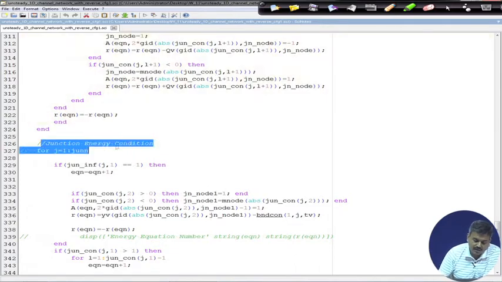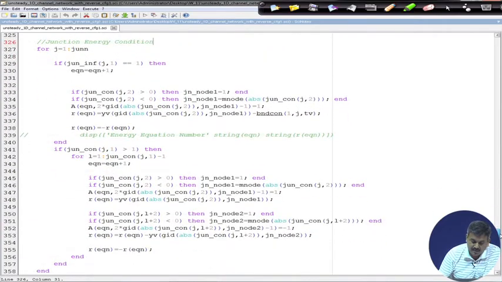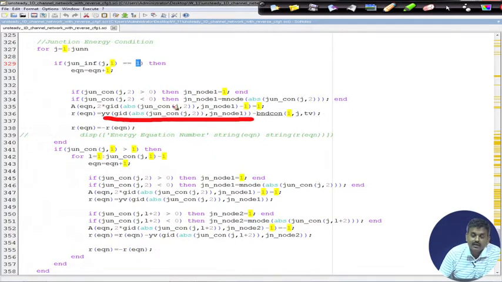For the junction energy condition, if junction information 1, that is the first column, equals 1 somewhere, then we should specify this boundary condition value directly into this YV.